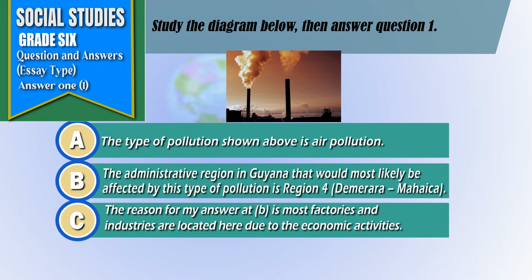Or another answer could be, the reason for my answer at B is due to the economic activities that are conducted or carried on in Region 4, Demerara Mahaica. This type of pollution will very much be prevalent or will be experienced.